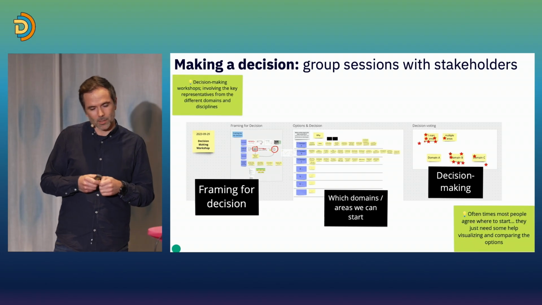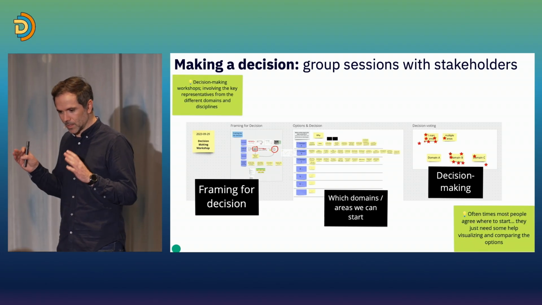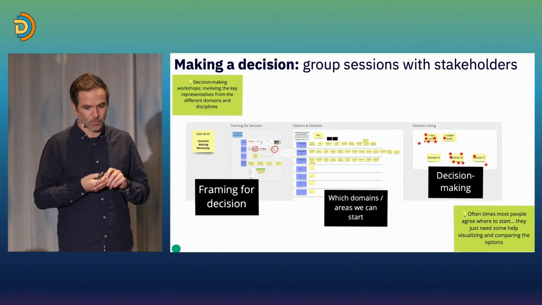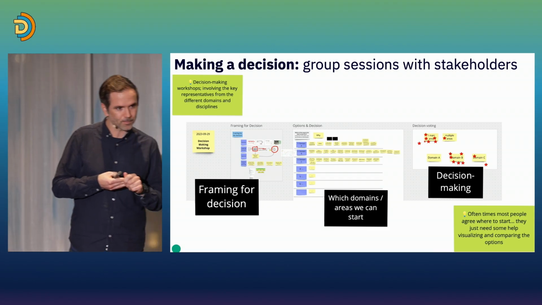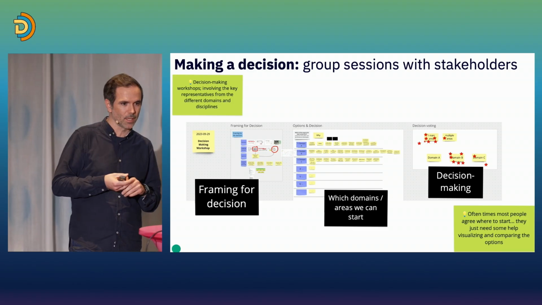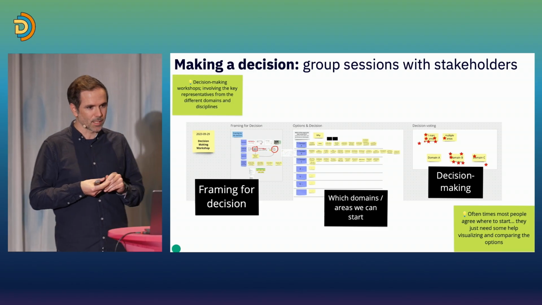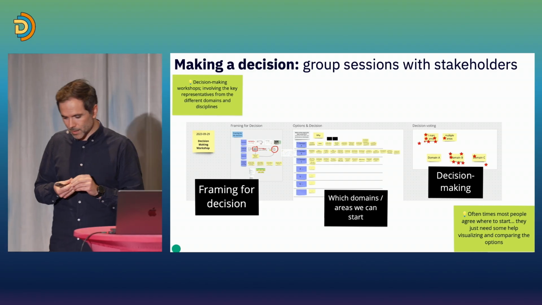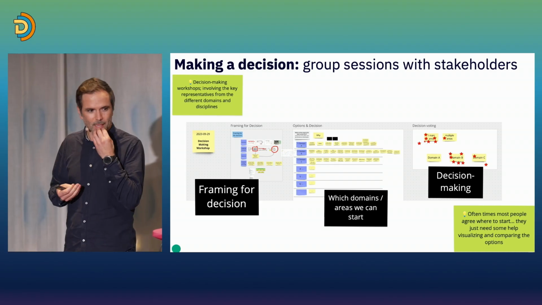So in order for us to navigate a bit of this, what we did a few times, because sometimes it was clear people were, okay, this is it, we organized something that we call decision-making sessions or workshops.